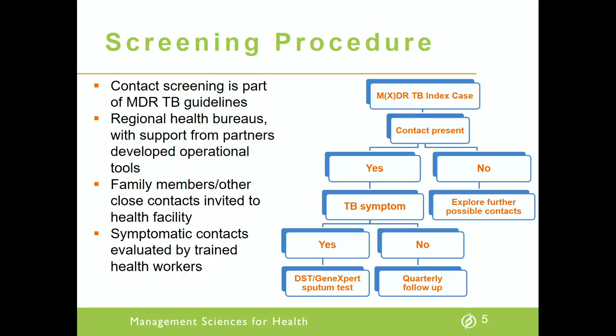For those who didn't have TB symptoms, we have a mechanism of repeated contact screening every 3 months until the patients complete the 2-year treatment, because some of them might be at an earlier phase, or there might be ongoing transmission. So to cater for that, every quarter until the patients complete treatment, we do contact screening using our clinicians as well as our community workers.